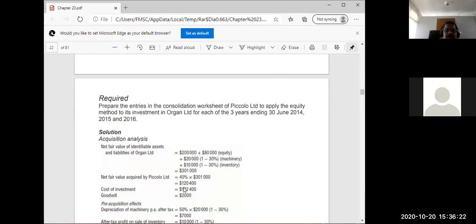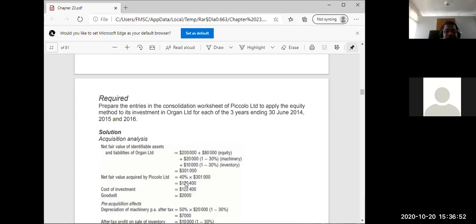When you take 40%, 120,400 is the value of the net assets acquired by the investor. This is the value of the net assets at fair value at the acquisition date, and you take 40% of this. So this 120,400 is the fair value of the net assets acquired.